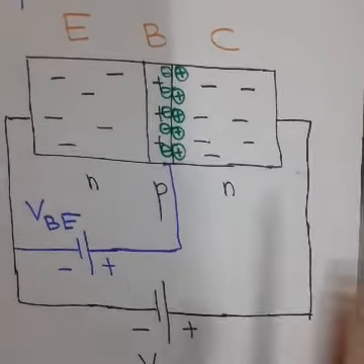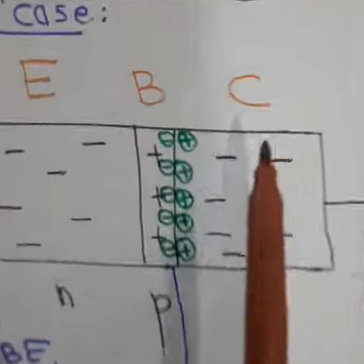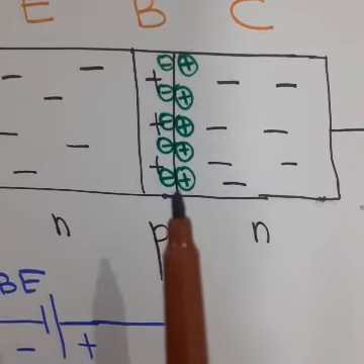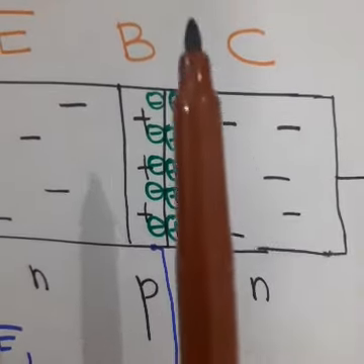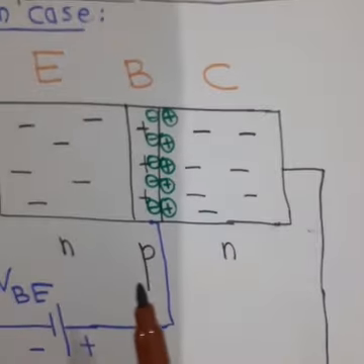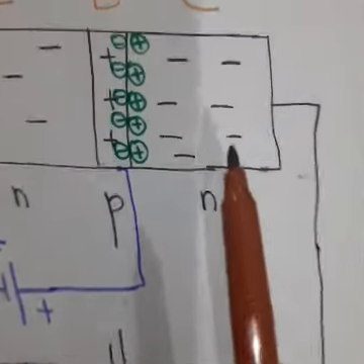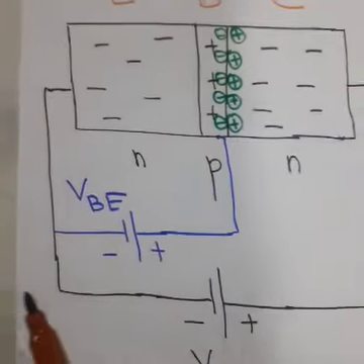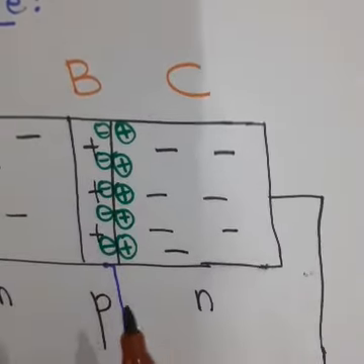The other junction is the base collector junction, where I have shown these green ions. This junction is reverse biased, because we have applied the positive of the battery to the N side, and the negative of the battery is effectively on the P side.